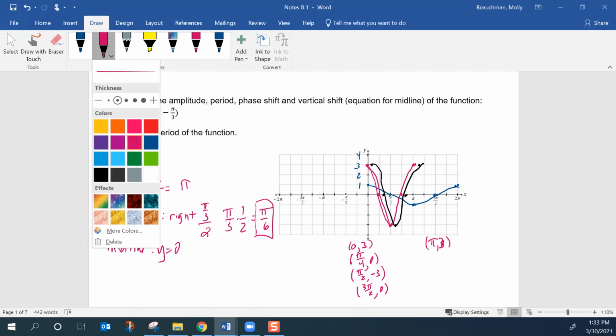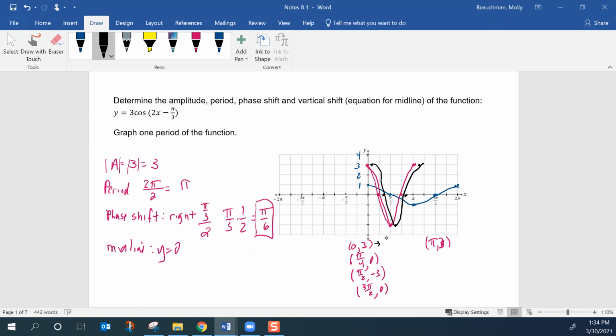And then to get the last graph, we're moving everything to the right, pi over 6. So that would be 0 plus pi over 6. The next one would be pi over 4 plus pi over 6. The next, pi over 2 plus pi over 6. Negative 3.